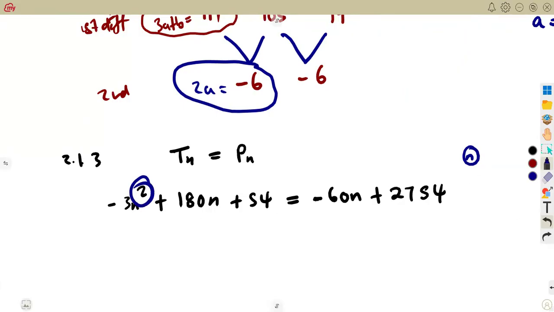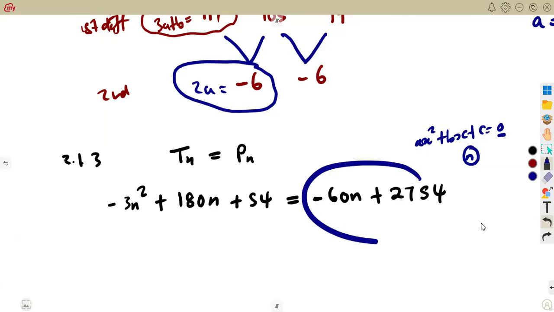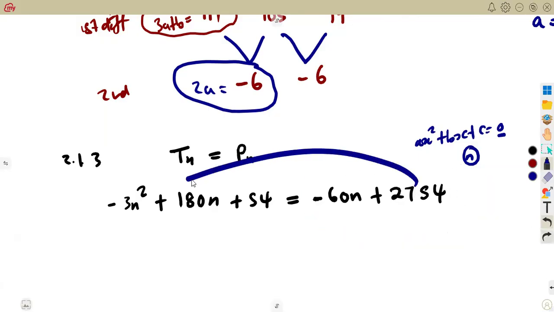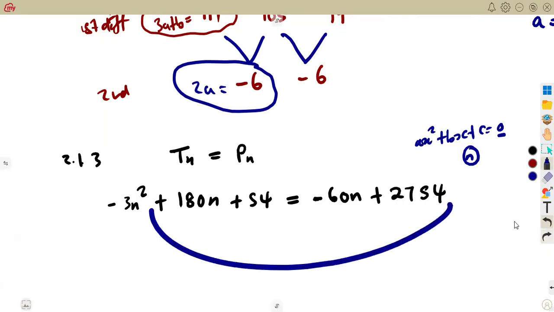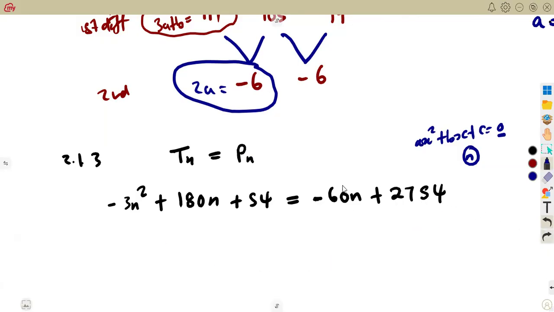The highest exponent there is 2. So remember your format: ax squared plus bx plus c must be equal to 0. One side must be equal to 0. So we are forced to take these terms to the other side of the equation, or these ones to this side. It's up to you. So you can take these terms, meaning to say we are going to have minus 3n squared, minus 60n to the other side is going to be positive, so this will be positive 60n.